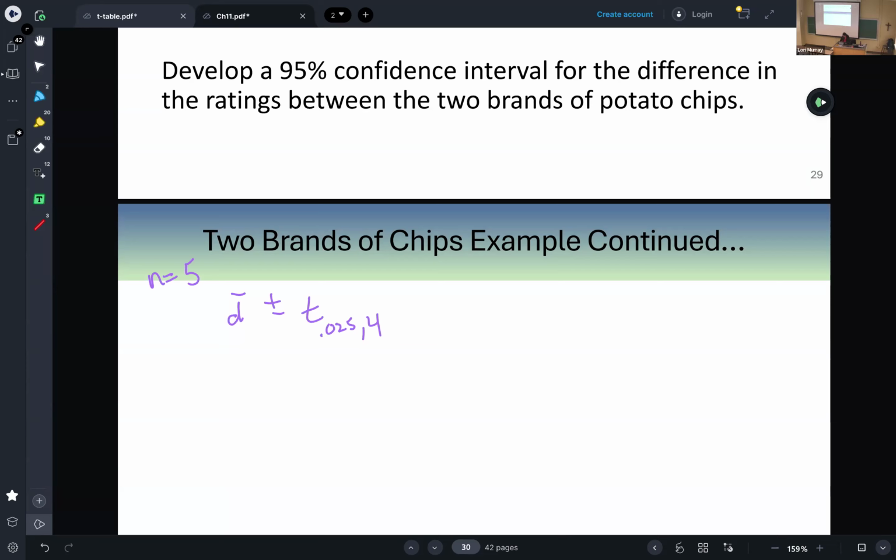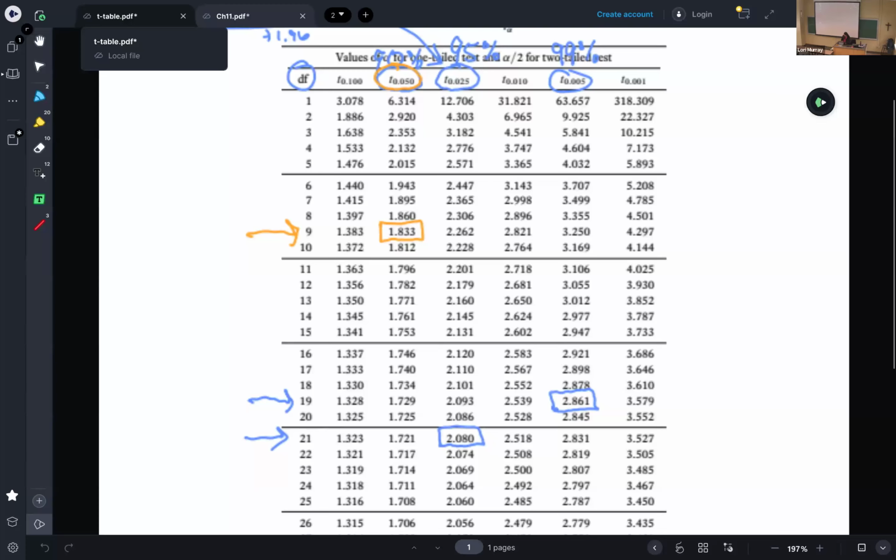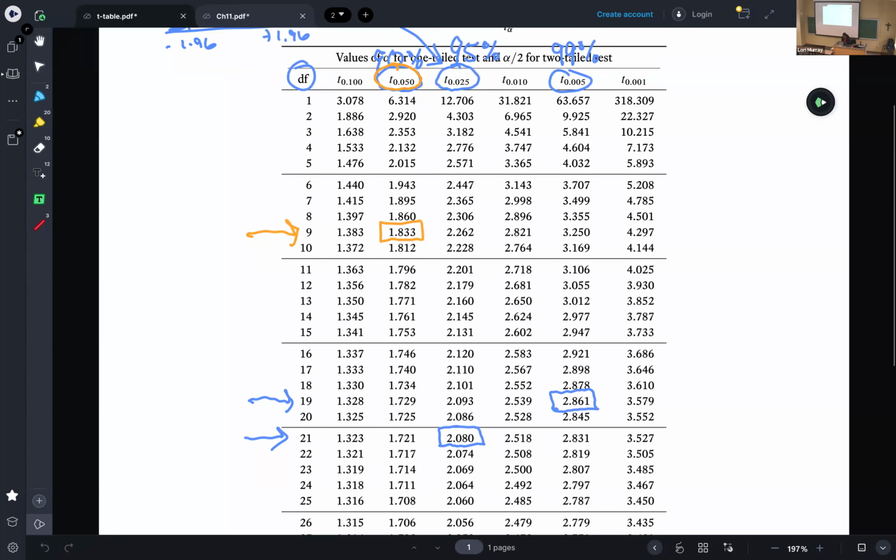And then we're going to have our S subscript D. And we already have all this. So it's going to be -1 plus or minus. We need to get that T. So we'll go over to the T table again. 4 degrees of freedom. And I'm going to pick 2.776. Everybody okay with that value?